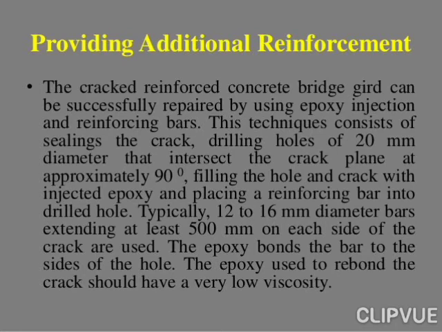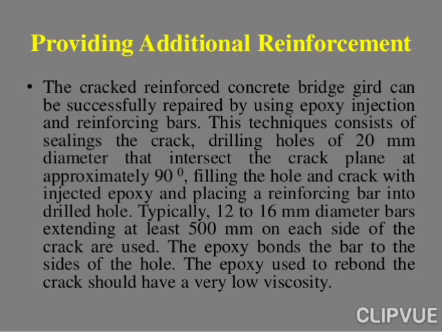Providing additional reinforcement. The cracked reinforced concrete bridge girder can be successfully repaired by using epoxy injection and reinforcing bars. These techniques consist of sealing the crack, drilling holes of 20 mm diameter that intersect the crack plane at approximately 90 degrees, filling the hole and crack with injected epoxy and placing a reinforcing bar into the drilled hole.